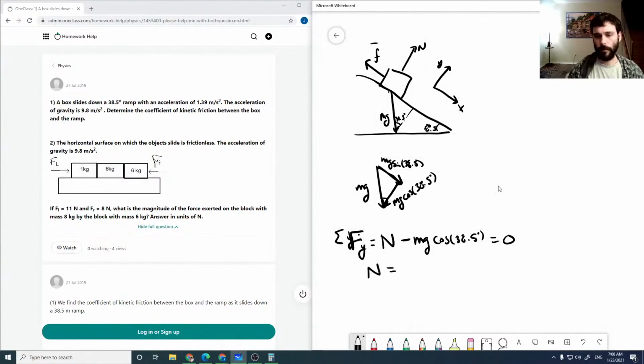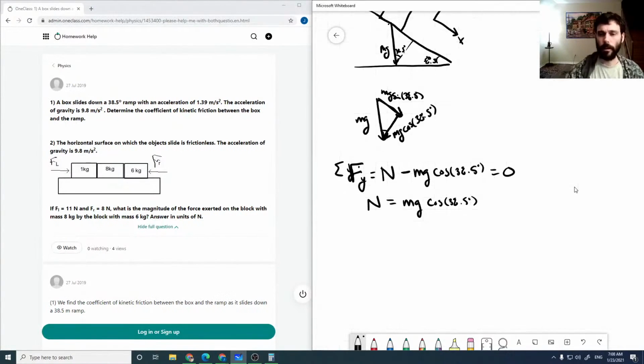So our normal is just mg cosine of 38.5. Okay, and now if we look at our x direction and using our friction force is mu n, so it's mu mg cosine of 38.5.